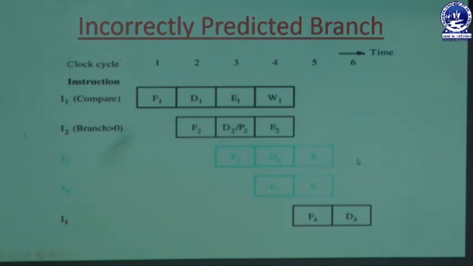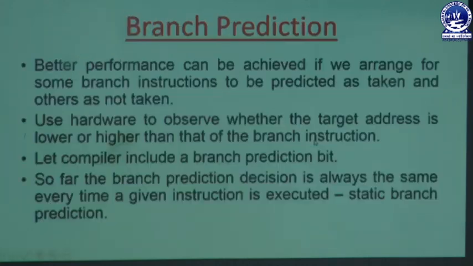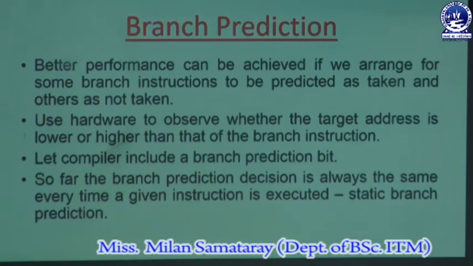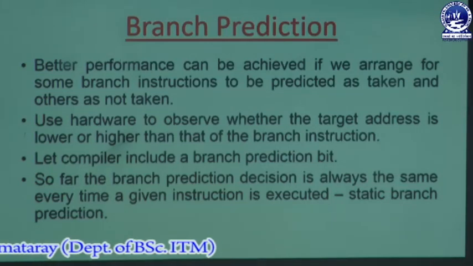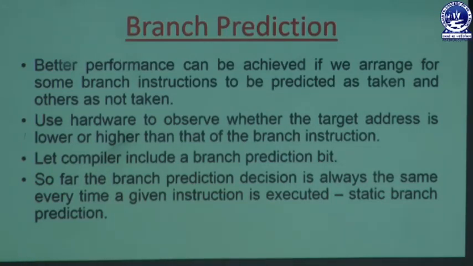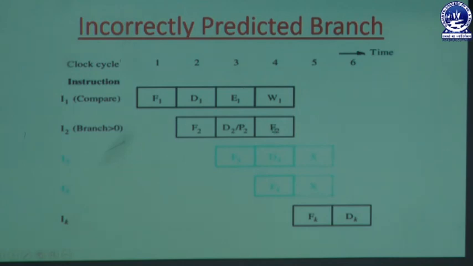But the two instructions that were wrongly fetched by predicting that the branch is not taken, their execution will be stopped. We have already discussed that to achieve better performance, we arrange for some branch instructions to be predicted as taken and others as not taken, because if we predict that all branches will not be taken, then this problem will happen.